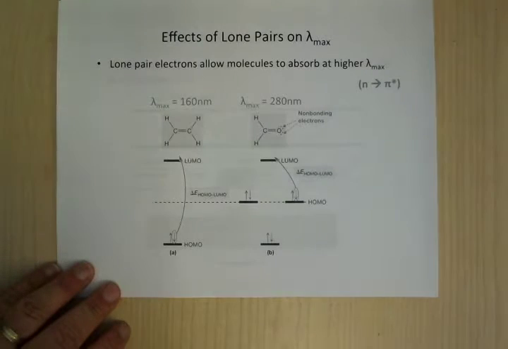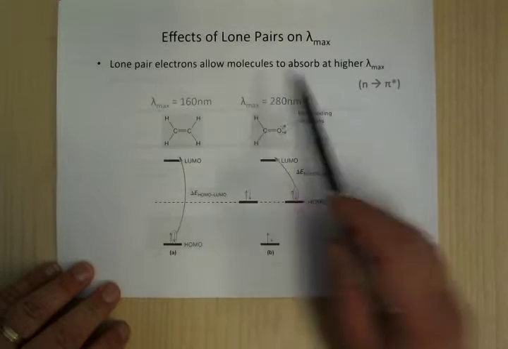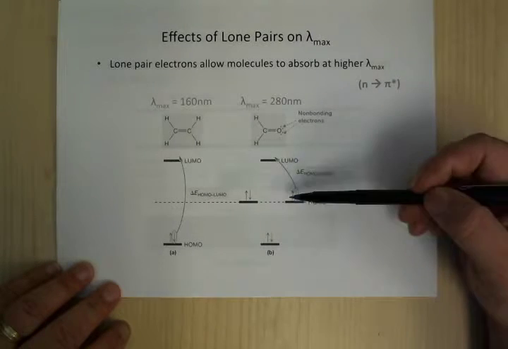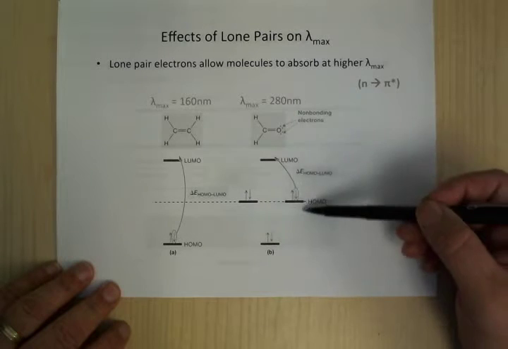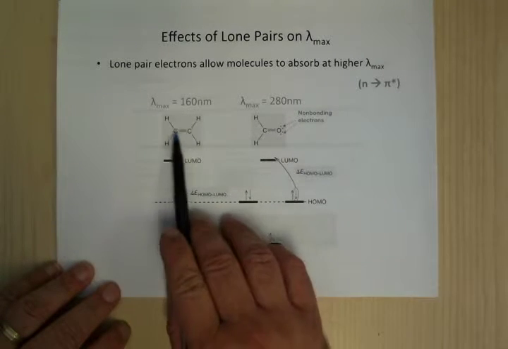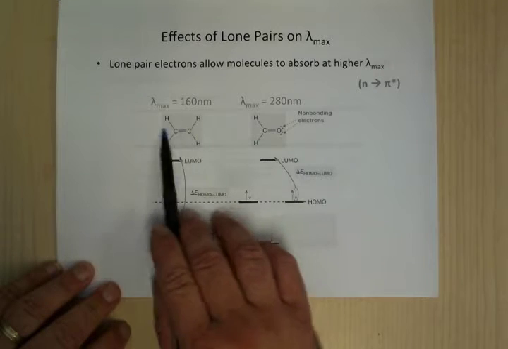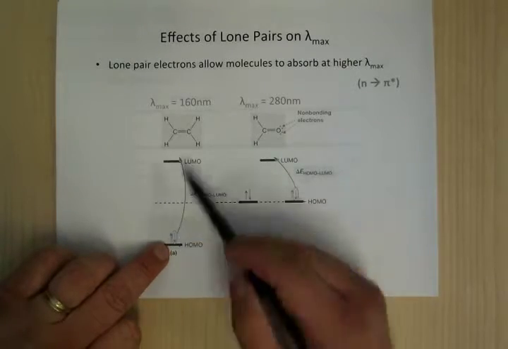Now lone pairs can also absorb, but the thing about them is that the HOMO-LUMO gap is much lower. If you compare this, which is just a carbon-carbon double bond, it has to go from this pi to pi star, which is a much bigger gap.